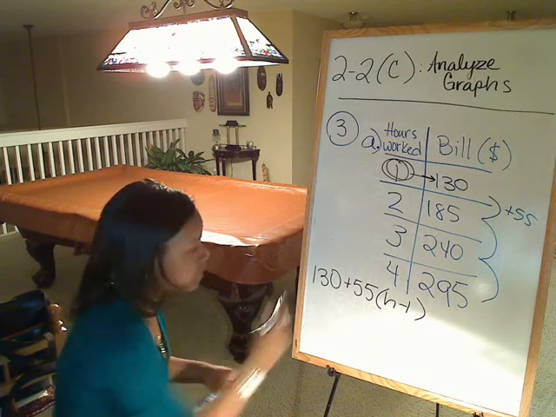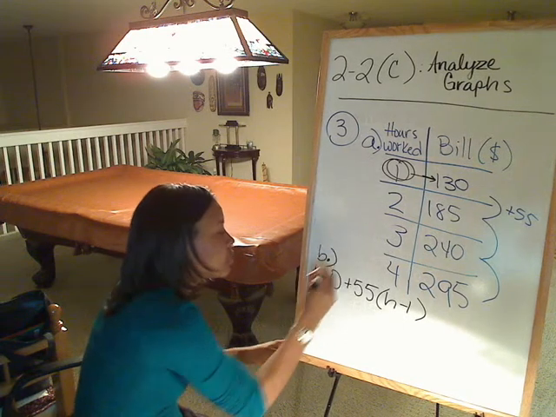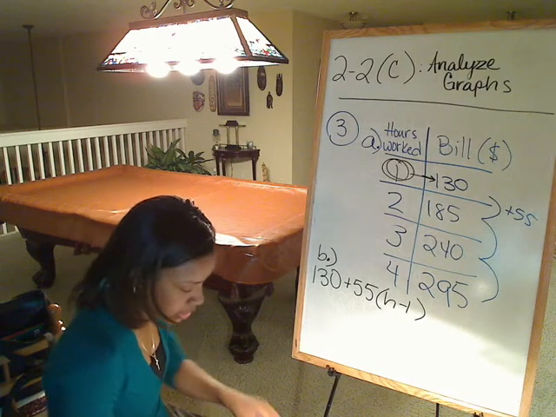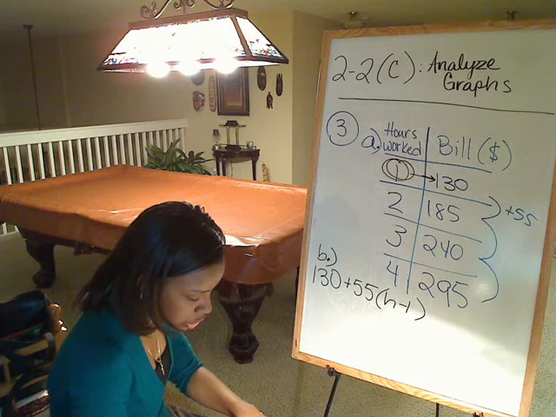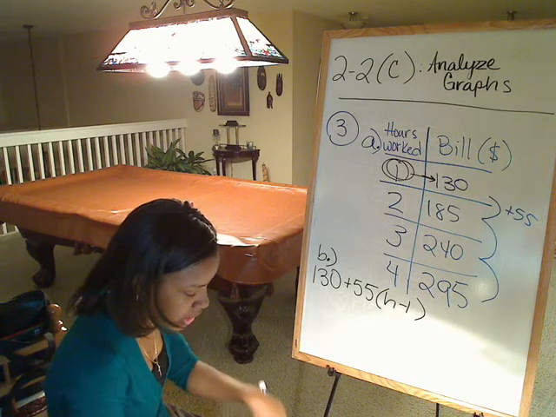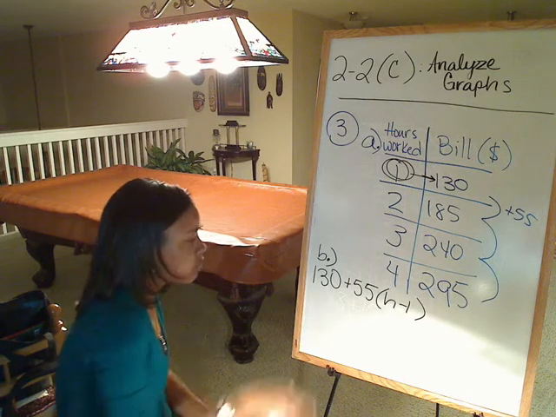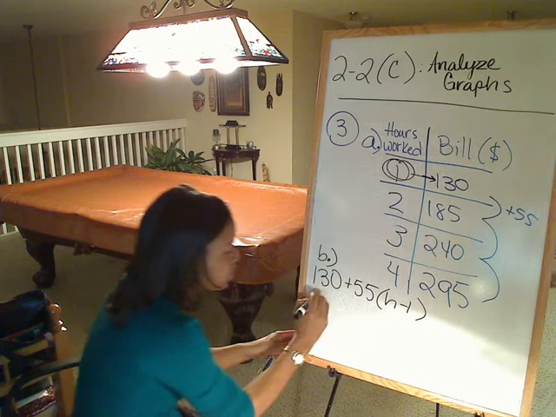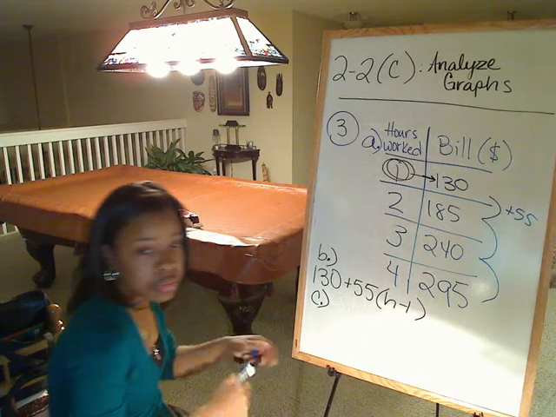Then they ask for part C. So this is the answer to B. For part C, they ask, how much would the electrician charge for a job that takes 9 hours? So all you do is plug in for C. You plug in the number 9.